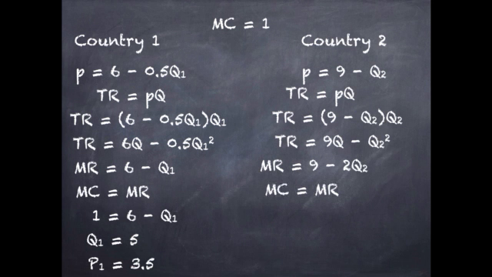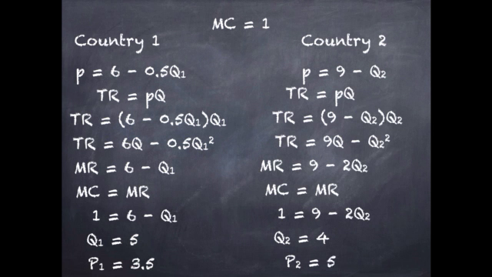We know when marginal cost equals marginal revenue that that is the profit maximizing condition, so that we have 1 is equal to 9 minus 2Q2. We get 2Q2 is equal to 8, so Q2 is equal to 4. And then when we stick the quantity into the inverse demand function, we get a price of 5.